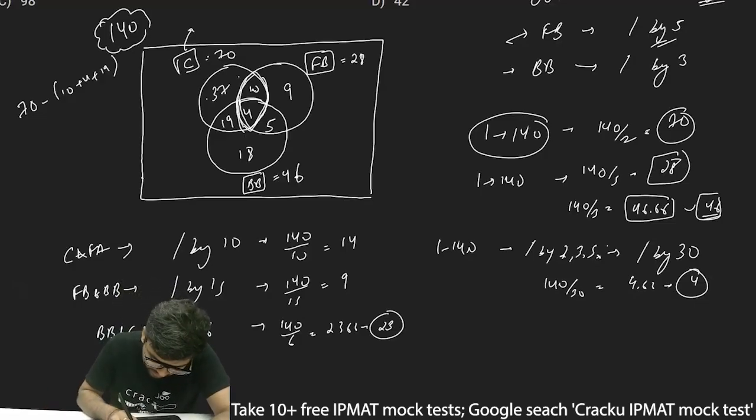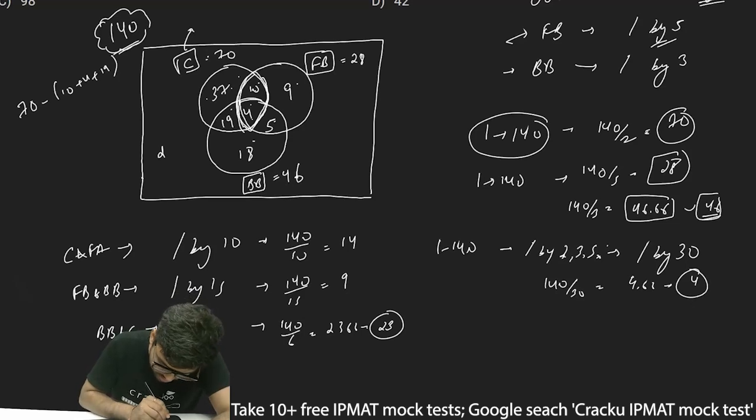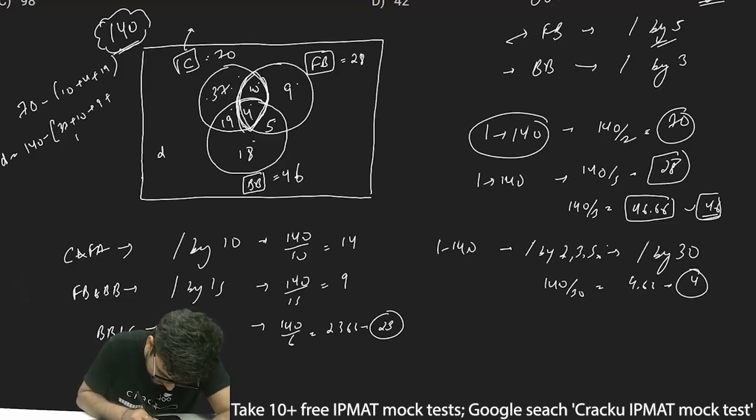Out of this, 37, 10, 9, 19, 4, 5 and 18, all of them are playing at least one sport. So if I have to find out this number, which is let's say D, which are not playing any of the sports, I have to subtract from 140 the sum of all these numbers. So D is equal to 140 minus (37 plus 10 plus 9 plus 19 plus 4 plus 5 plus 18).